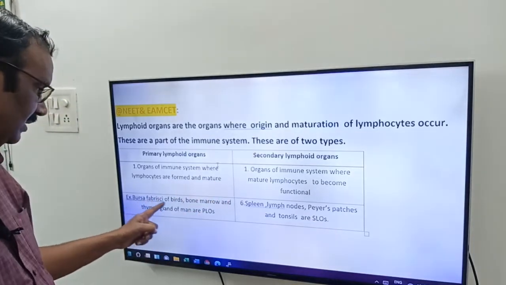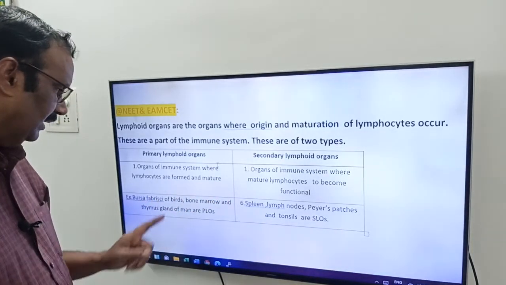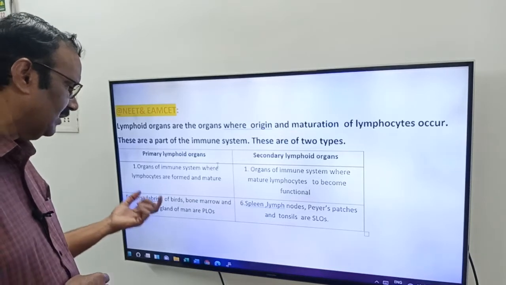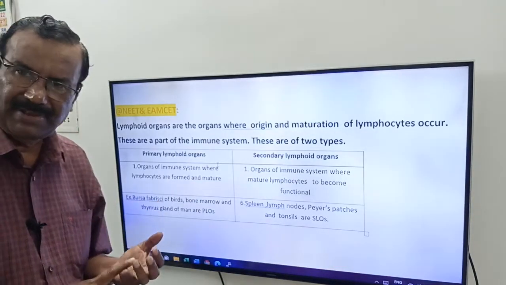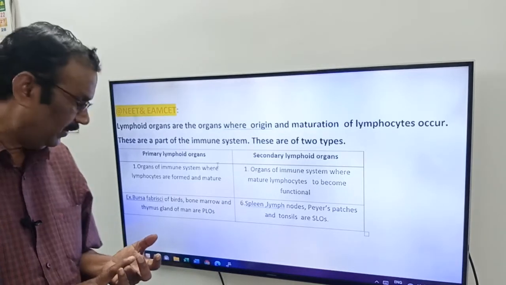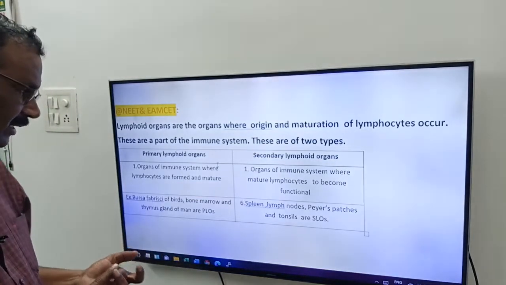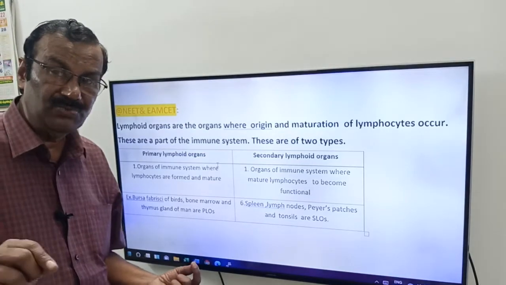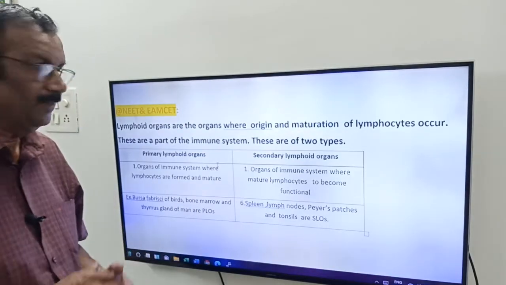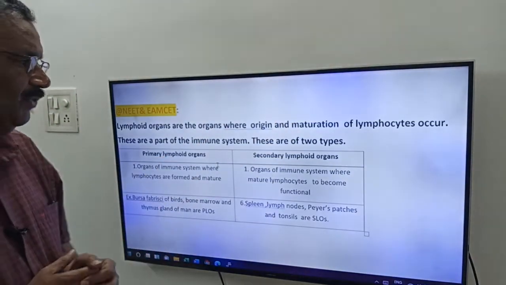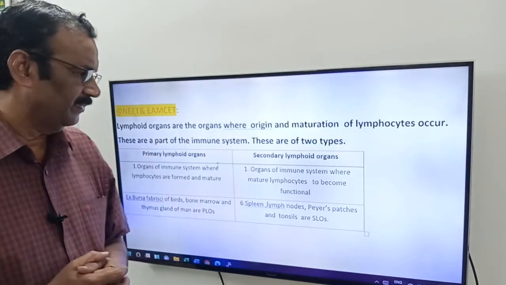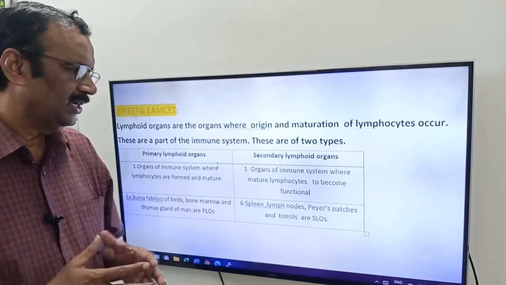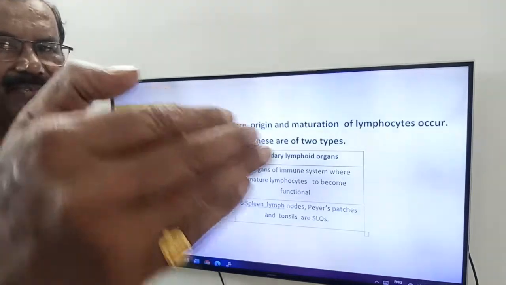Examples: bone marrow, thymus gland and bursa fabricae of birds. These are PLOs, primary lymphoid organs. Come to secondary lymphoid organs, friends. These are the organs of the immune system where lymphocytes become functional.